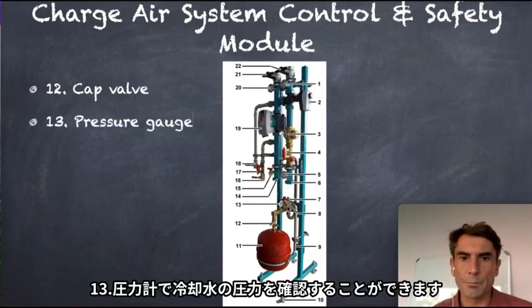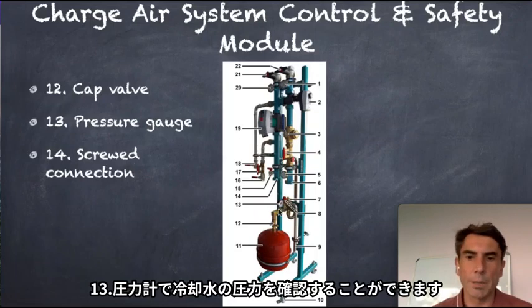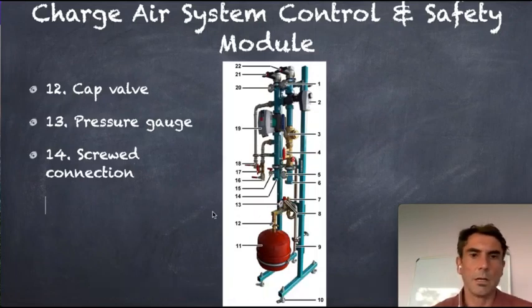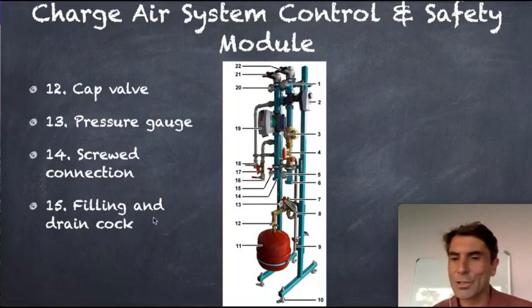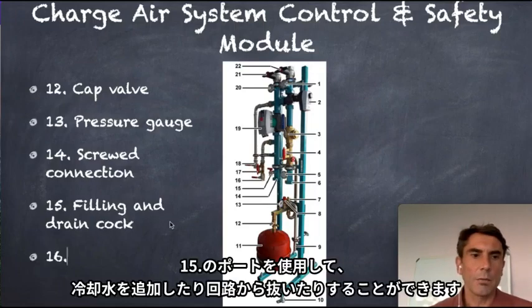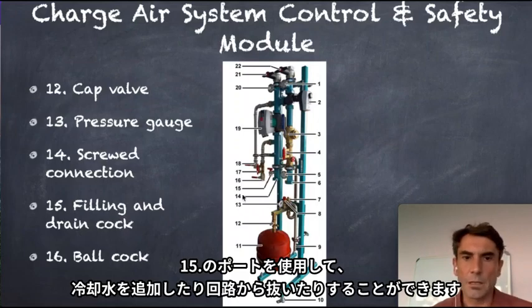Number 13, we have a pressure gauge here so that we can see the pressure directly in that cycle. Another screw connector is actually the connection point to the charge air cooler. Then we have a filling drain, number 15. It's that one. So we can fill and release water here.